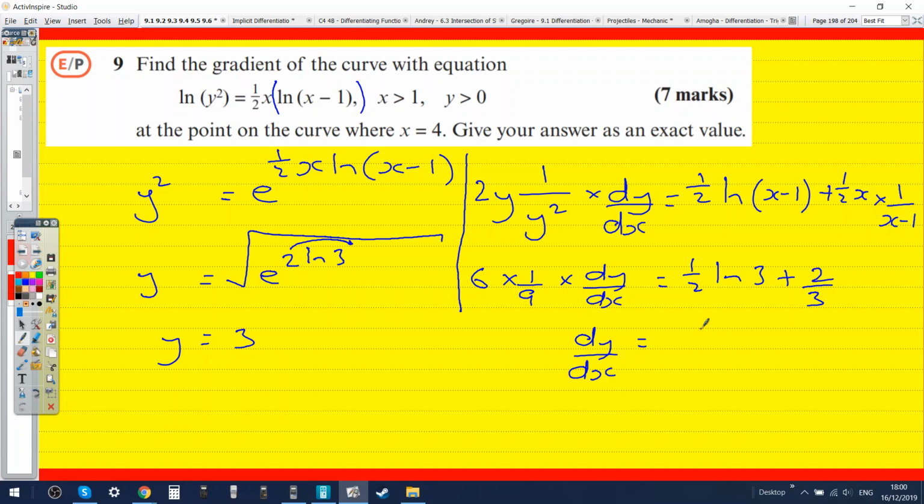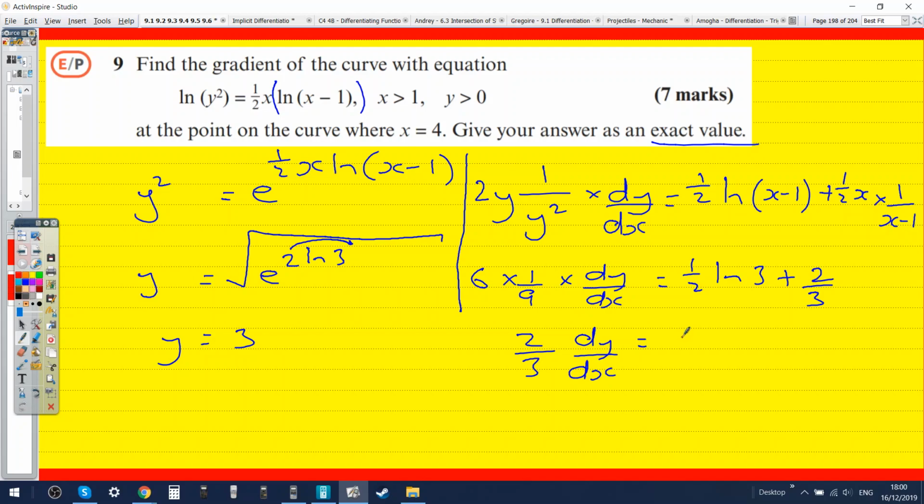Exact value. Half ln 3 plus 2 over 3, over 6 times 1 over 9. 6 times 1 over 9 is the same as 2 over 3, coincidentally. So half ln 3 plus 2 over 3, I think.